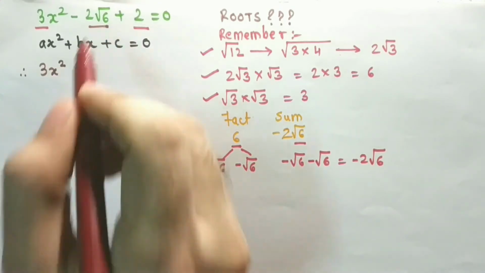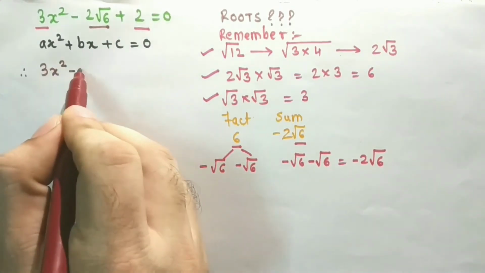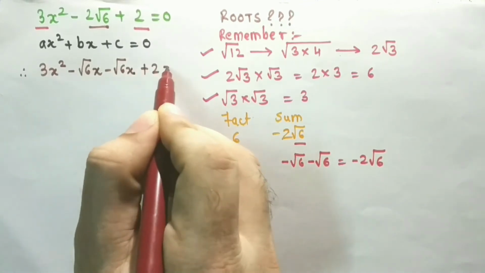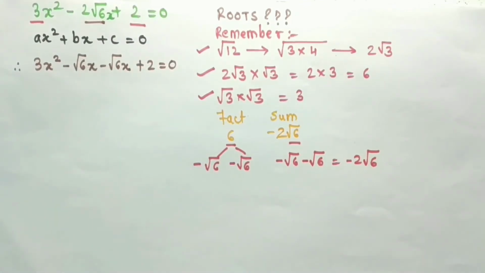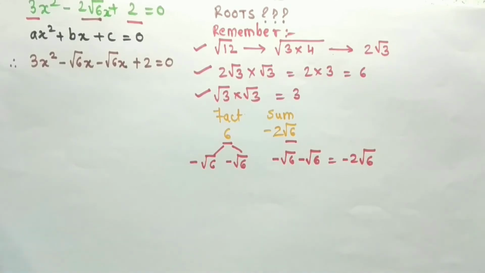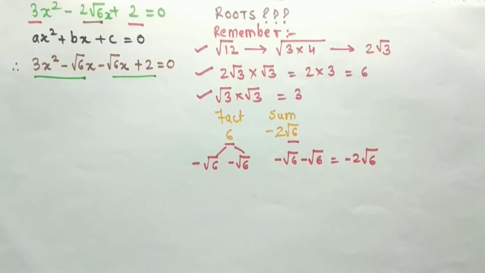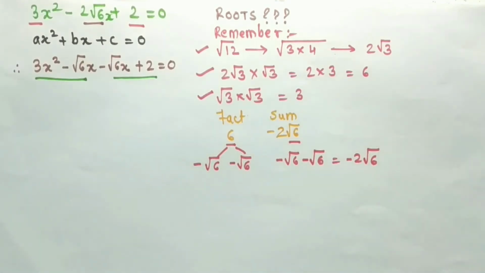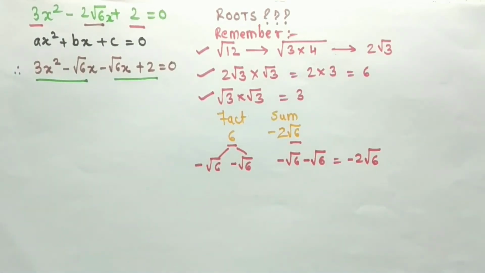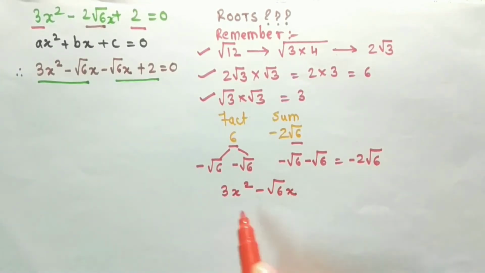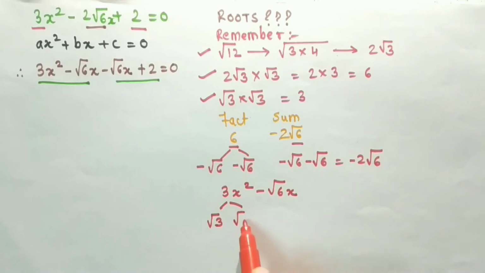Therefore, I will use these two and split the middle term in the equation, which gives me 3x square minus under root of 6x minus under root of 6x plus 2 is equal to 0. Now I have to find common factors between 3x square and minus under root of 6x. To find common factors, I will have to split the number 3 in its under root form.